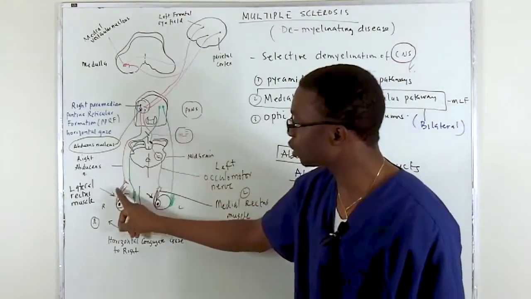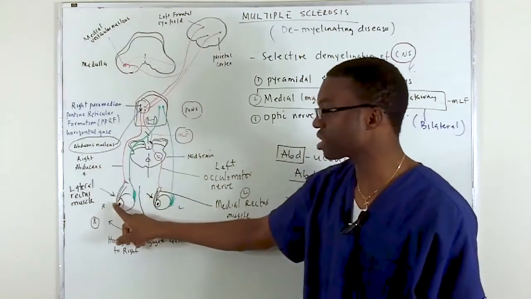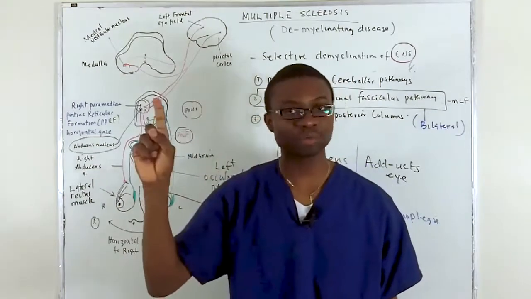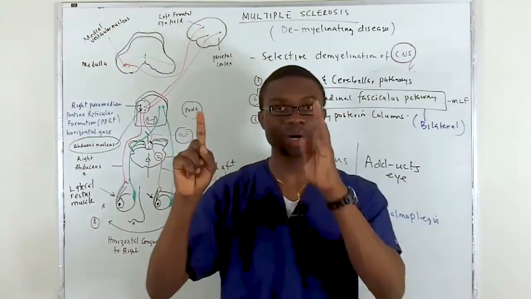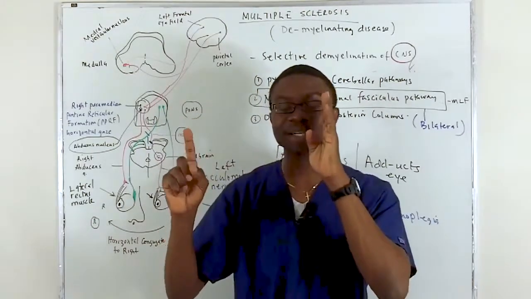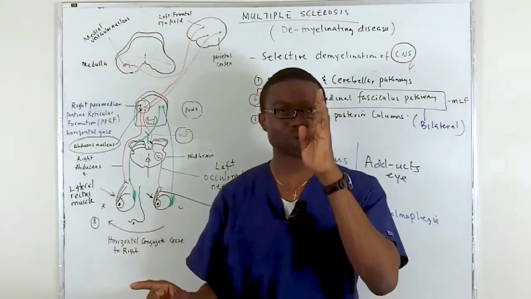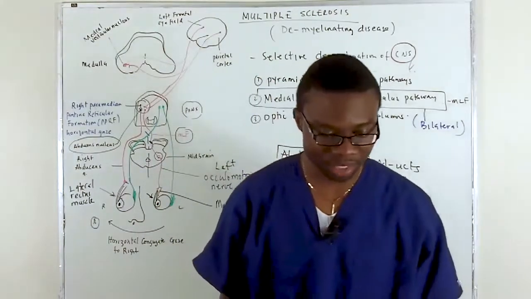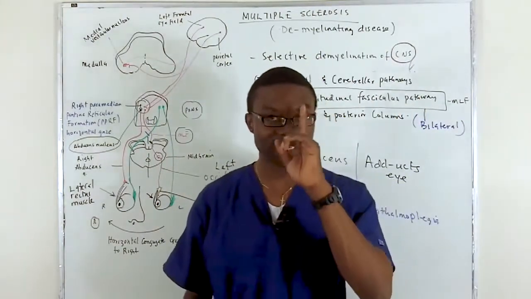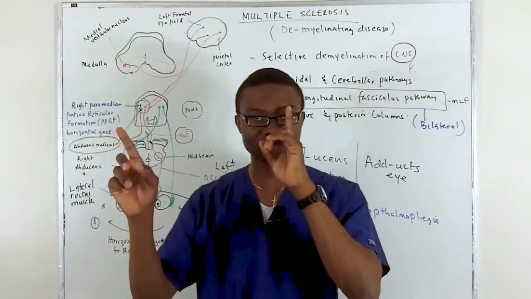Because the PPRF goes straight down through the right abducens nerve and tells the lateral rectus muscles to fire, contract, and move to the right. That's good. But their left eyeball will not be able to adduct. Why? Because the MLF is damaged, so it's going to stay in the middle. So this patient will be unable to adduct this eyeball when I tell them to look to the right.